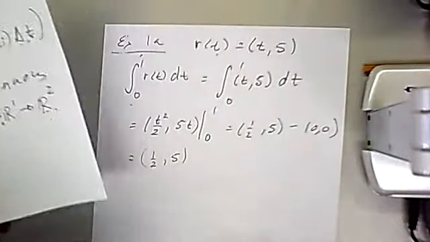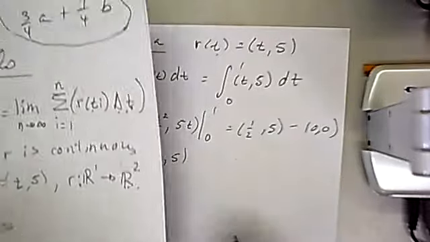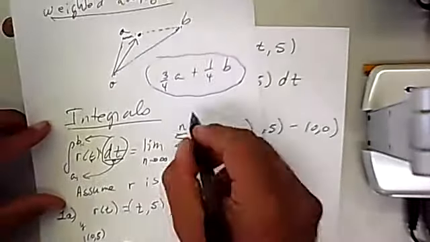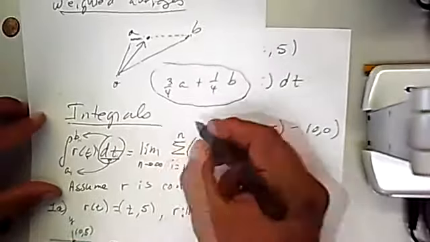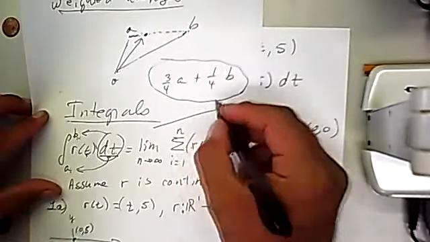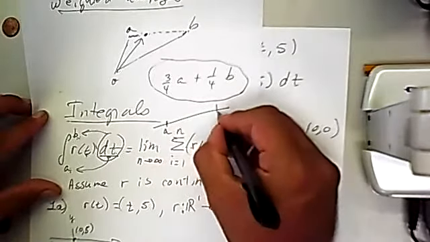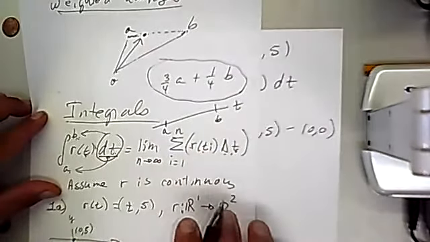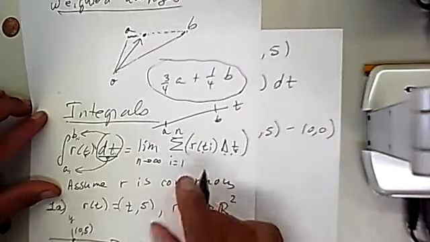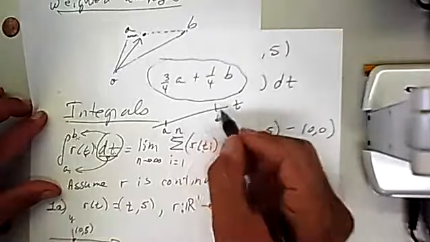Because remember, t in this definition, sorry to squeeze this in here, but if there is t, and there is a and b, and this is the t-axis, which is not part of the graph, it's outside of the graph, this is time.